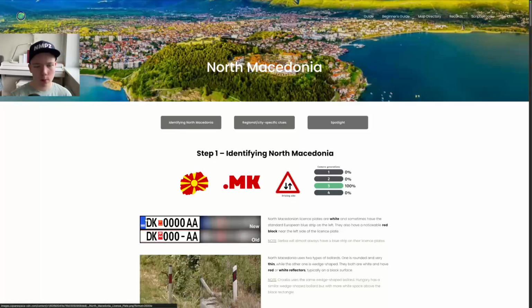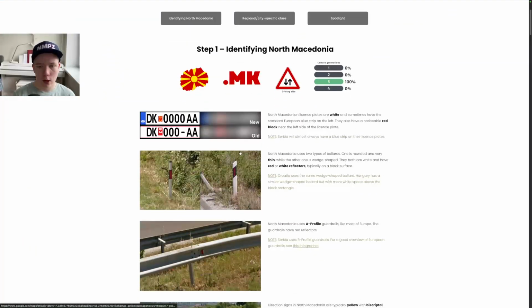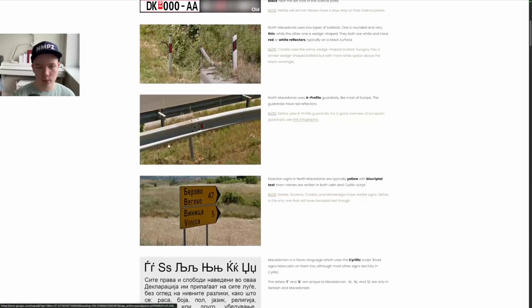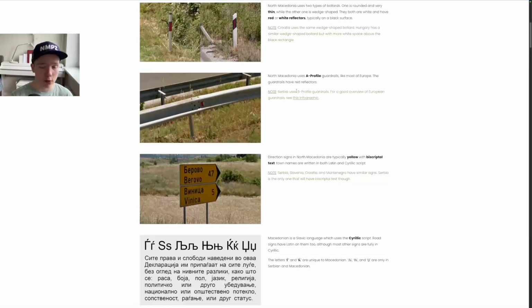North Macedonia. Yeah, these license plates again, pretty much always you see just the standard European plate. Kind of Hungarian bollard sometimes. A-profile guardrails. Serbia always uses B profile.